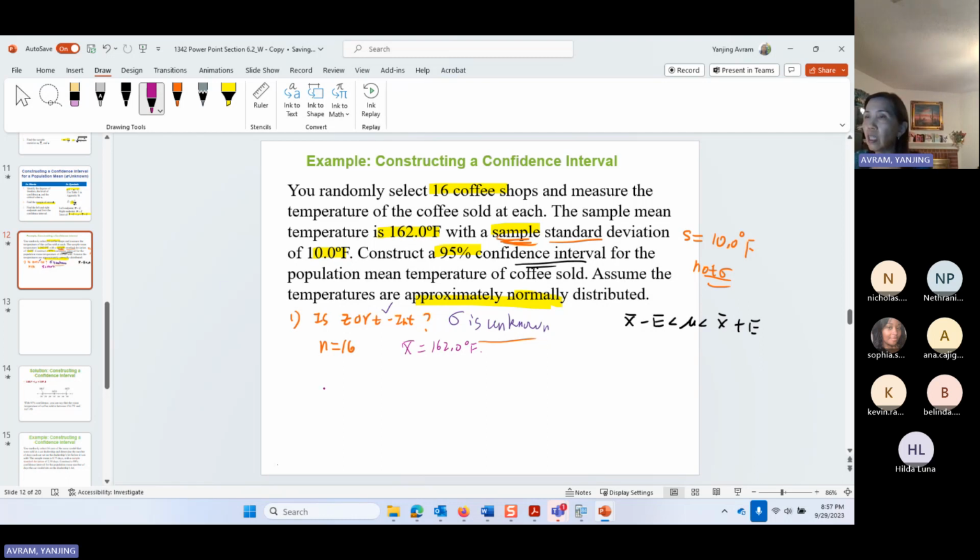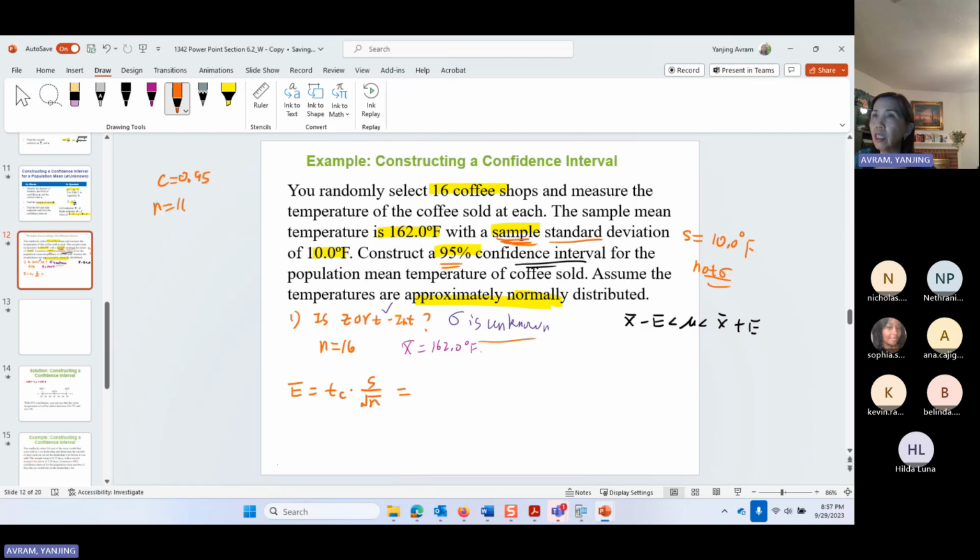So I need to find the E. My E here is t sub c times s over the square root of n. So we have to find the t sub c for what? For 95%.